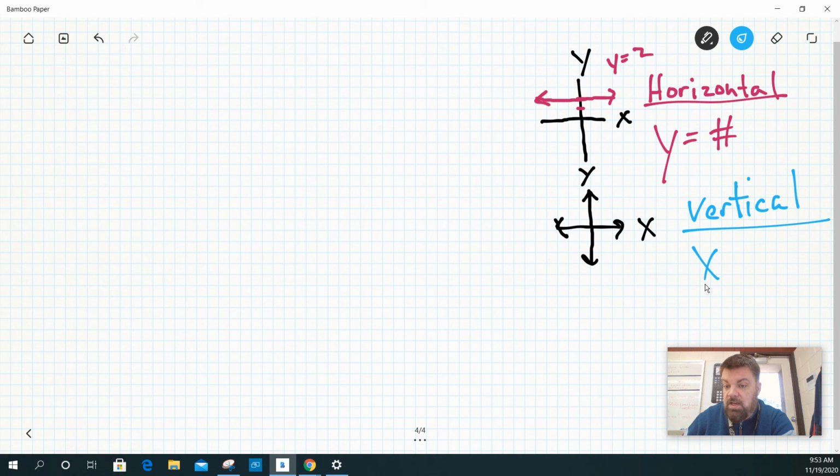The equation of a vertical line is x equals some number. So if I were to draw a vertical line here, that equation would be x equals, not 2, it's 1. X equals 1 because I only went 1 unit over, okay?